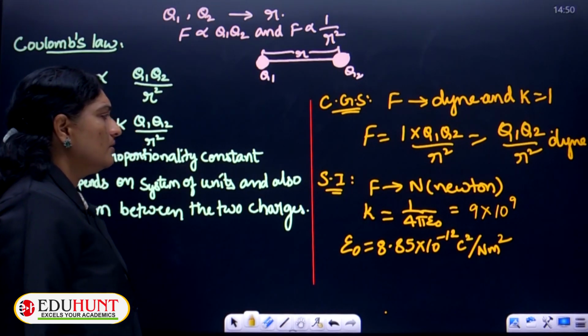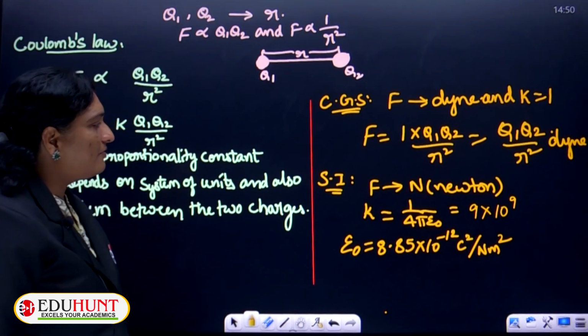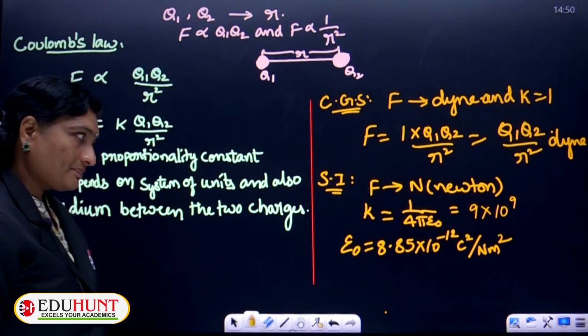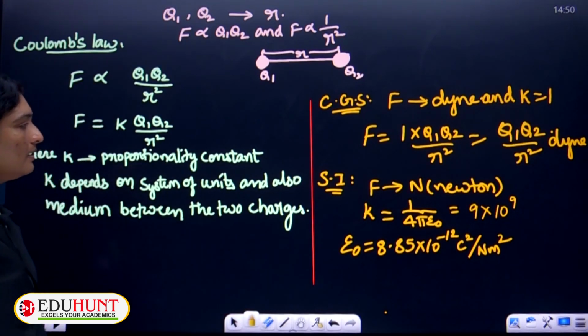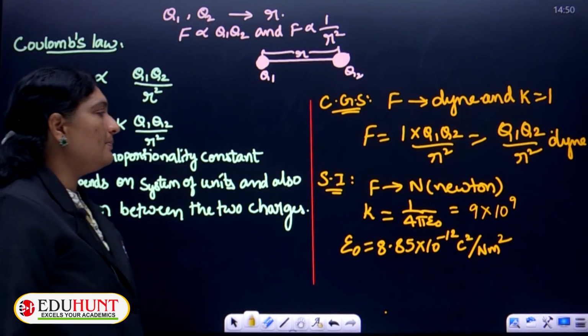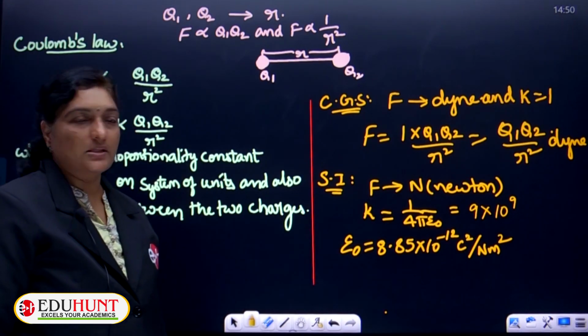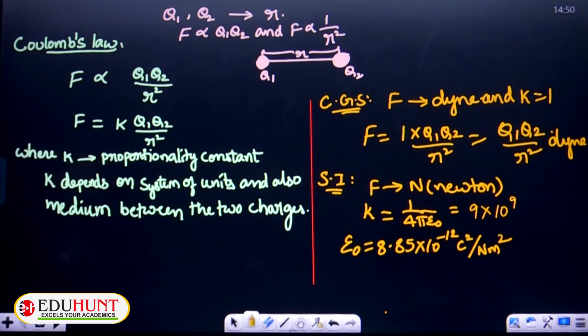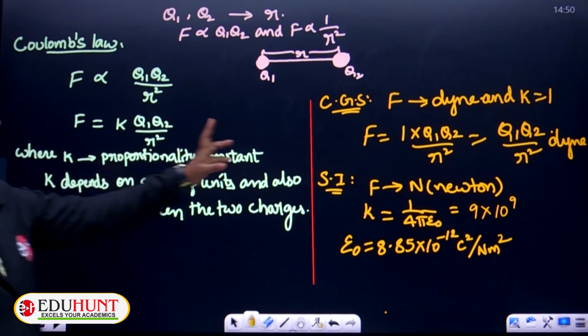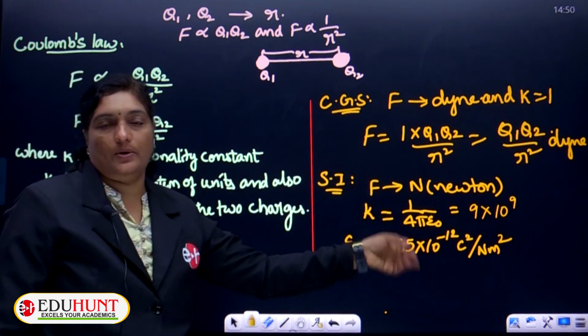Okay, children. The unit of K is Newton meter square per Coulomb square. Based on these values, it all depends upon the system of units.